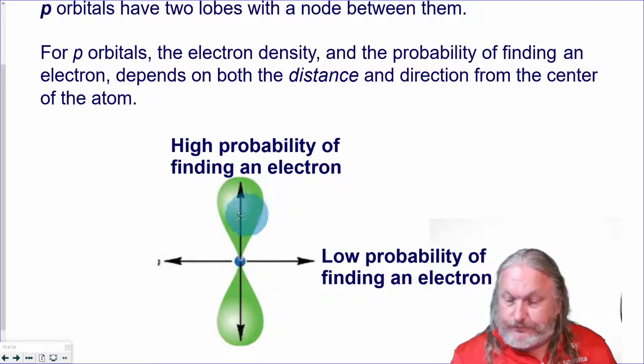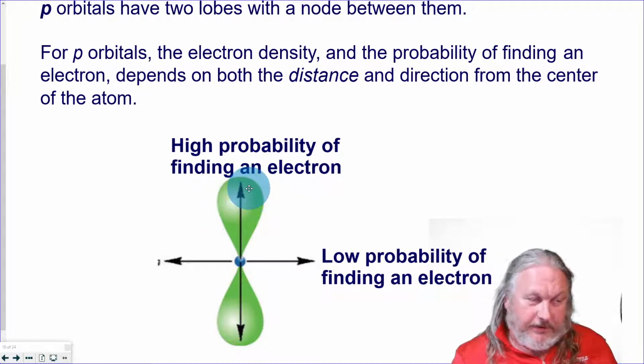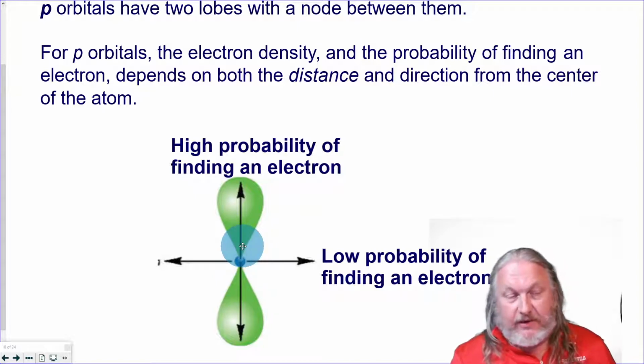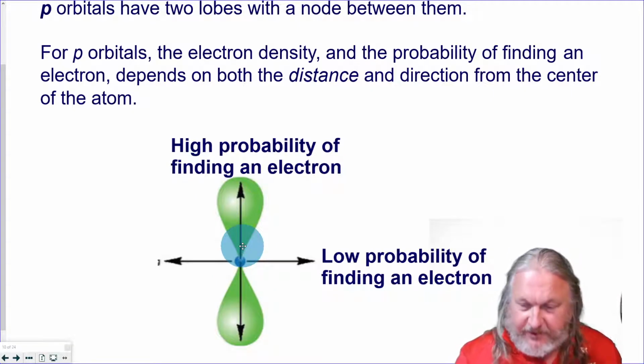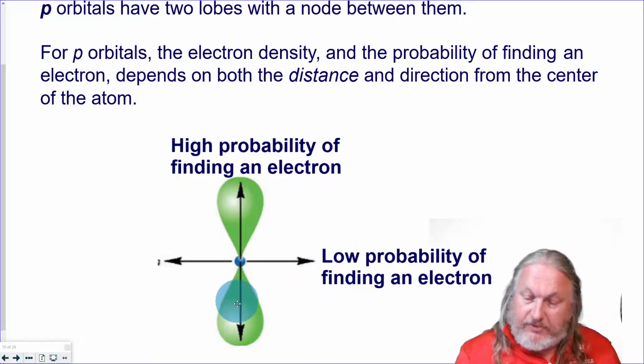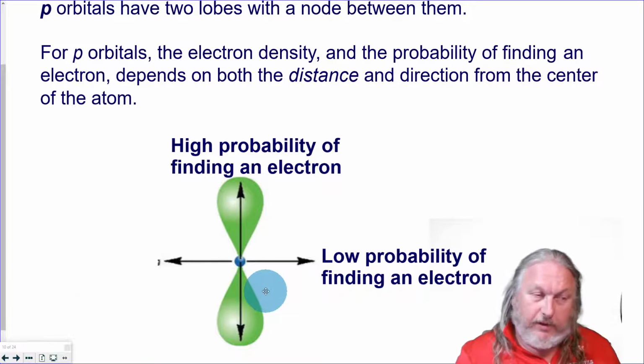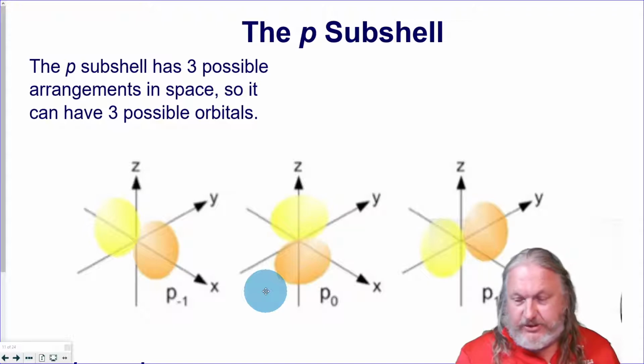As you get further away from the nucleus, you have a higher probability of finding the electron, and toward the center, you have a lower probability. Now, does that mean there's an electron on this lobe and an electron on this lobe? No. It means there are 2 electrons that can hang out there, and they can be anywhere in that region.